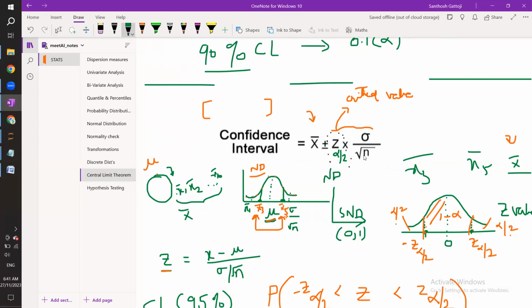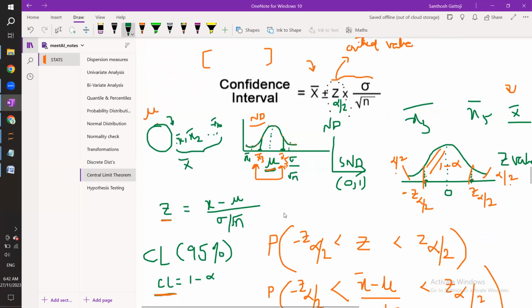This is when you know the population standard deviation. What is this rho? It is the population standard deviation. But in our case, we don't know the population standard deviation.